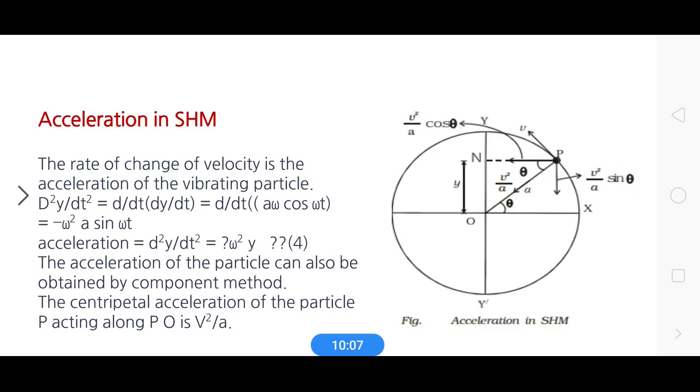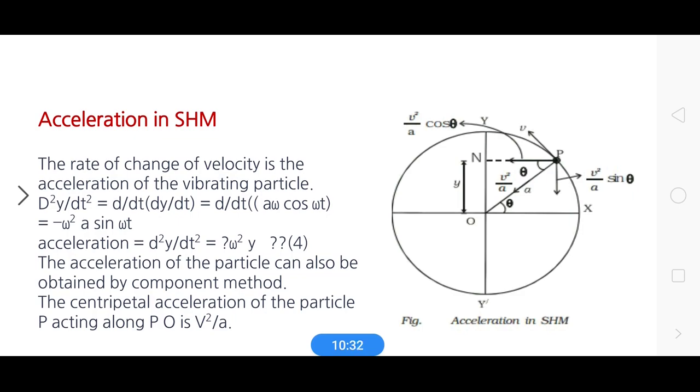And to find the acceleration in the second method, I am again considering the same particle revolving in the circular path x, y, x dash, y dash direction, and after t seconds the particle is at point P. Then the velocity at that point is tangential at that position.